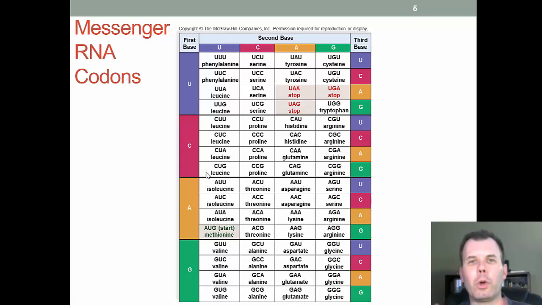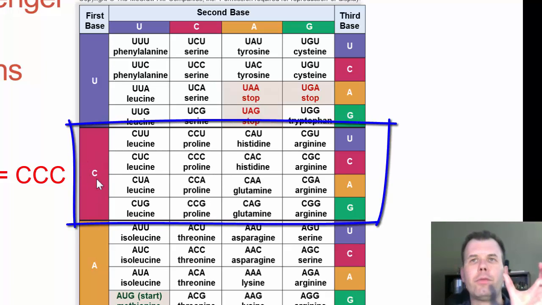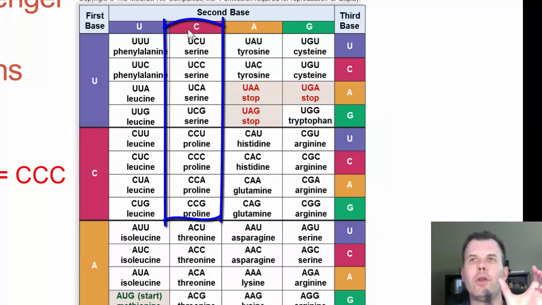Okay, or that word. So let's say you have CCC. Let's say we're going to look for CCC. How would you use this codon usage chart? Well, first I'd come here to what is called the first base, and I would look for the C. So I'm looking for the word CCC. So I found my first C. Okay, then I go to the second base, which is on top, and I look for the second C. And so I know I go to this column.